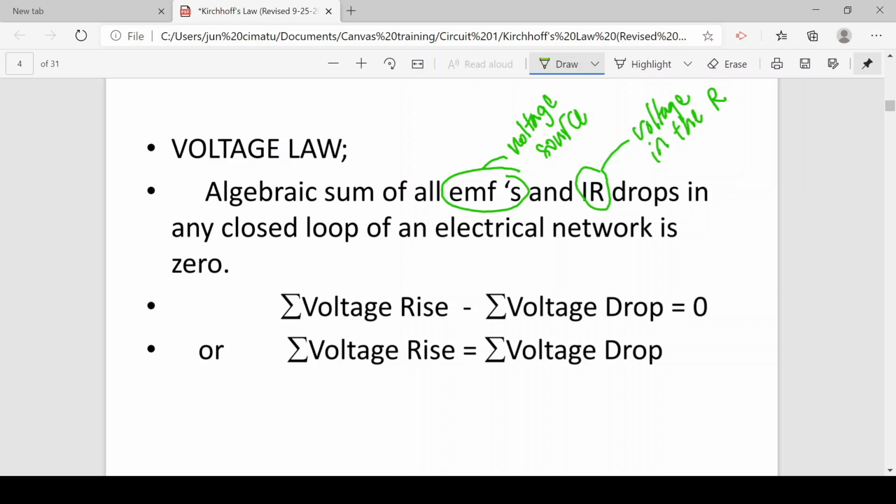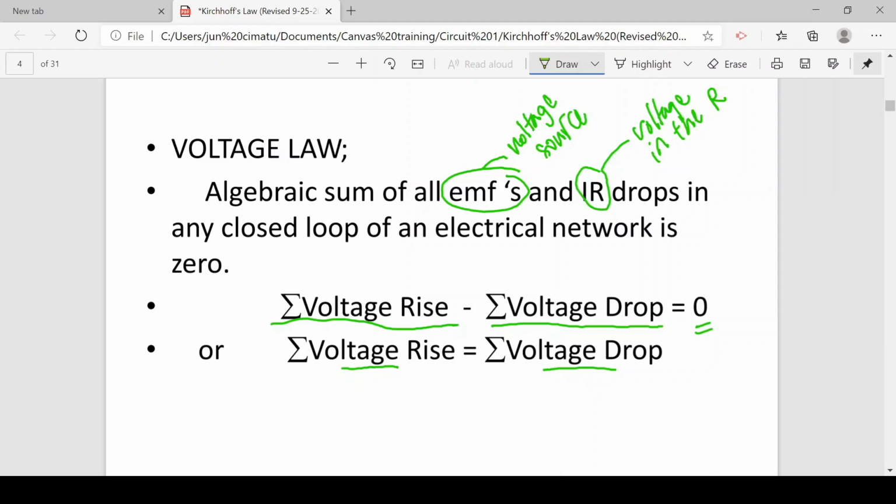in any closed loop of an electrical network is 0. Or, summing up all the voltage rises, which are positive voltages, and summing up all the voltage drops, which are negative voltages, in a closed loop must be equal to 0, or the voltage rise and voltage drop are equal.